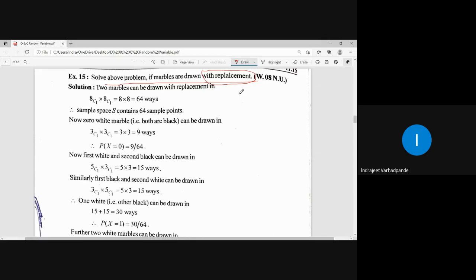In other cases, whenever we have to calculate the probability and no condition is given that it is with replacement, we will be reducing the number of marbles. But when we are talking about with replacement, we are not reducing the marbles, we are replacing them for the other trial, right?